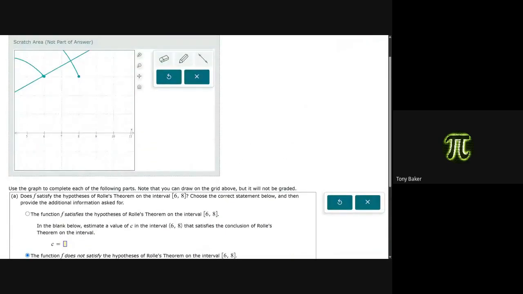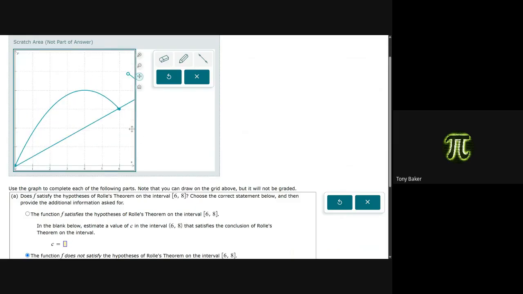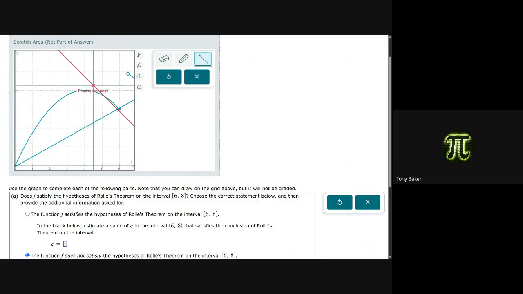All it wants you to do now is estimate where the slope is going to be about the same as that. So maybe 3.5. Or maybe like right there. Maybe.